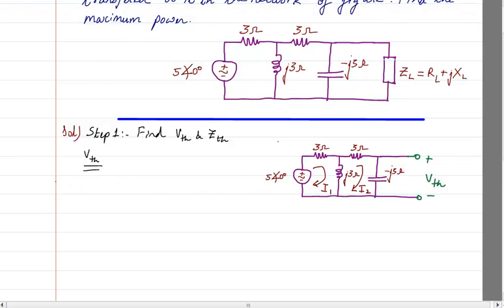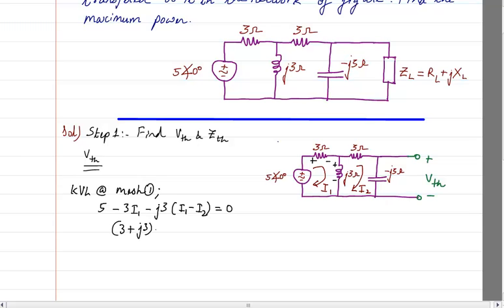So here for mesh 1, KVL at mesh 1, it will become plus minus. So this becomes 5 minus 3 I1 minus j3 (I1 minus I2) is equal to 0, from which I can get (3 plus j3) I1.